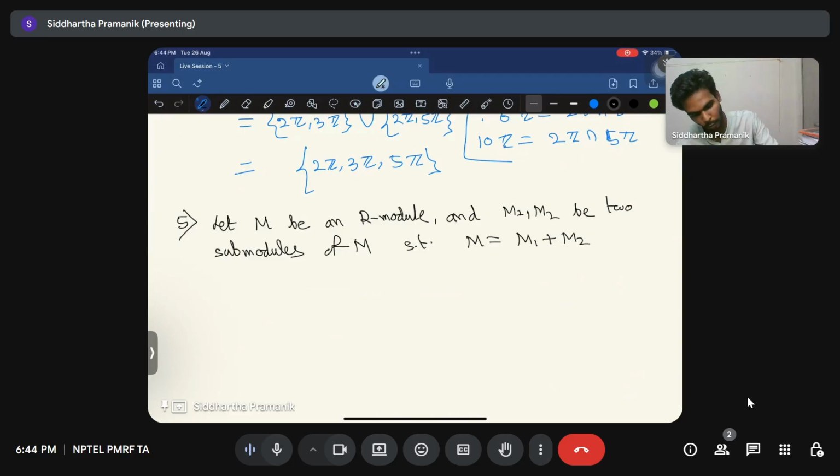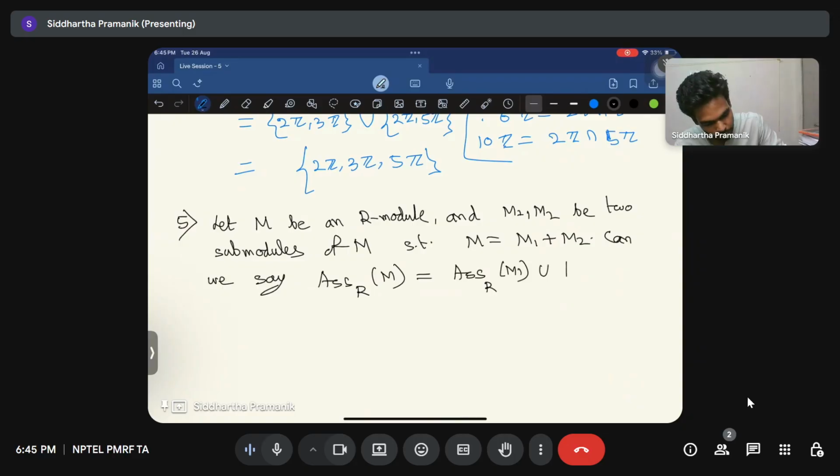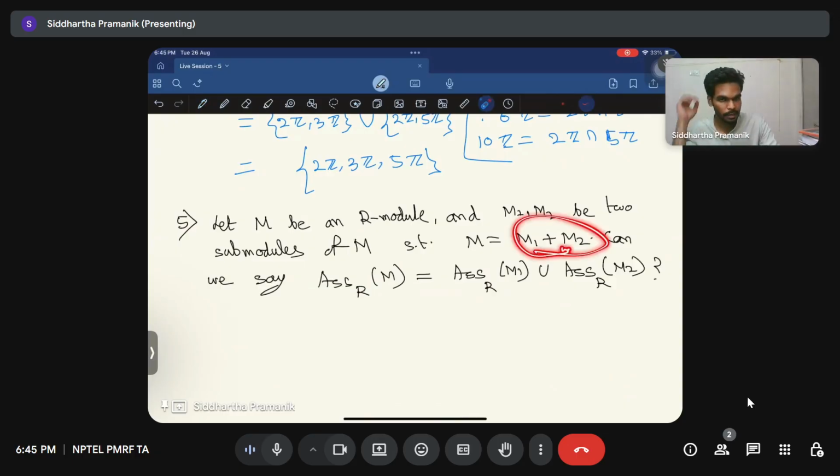Not direct sum, just the usual sum. Then can we say that the associated primes of M over R equal the associated primes of M1 over R union the associated primes of M2 over R? So instead of direct sum, if we take the usual sum, can we have equality here?